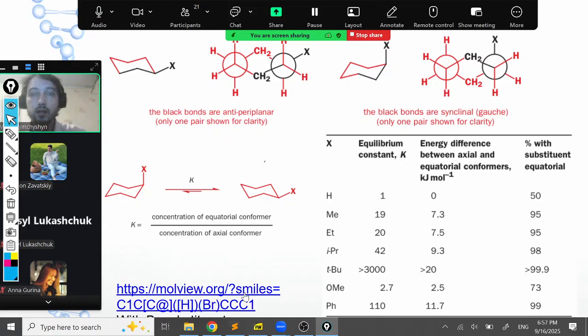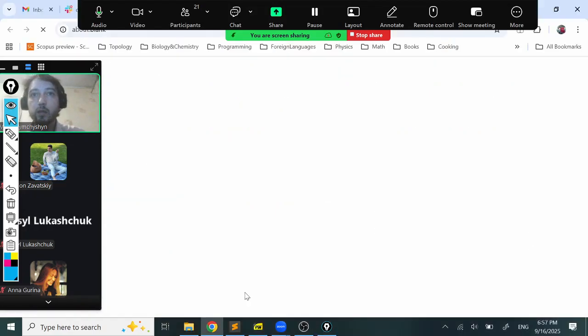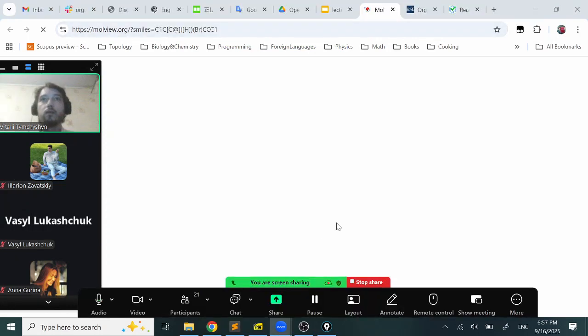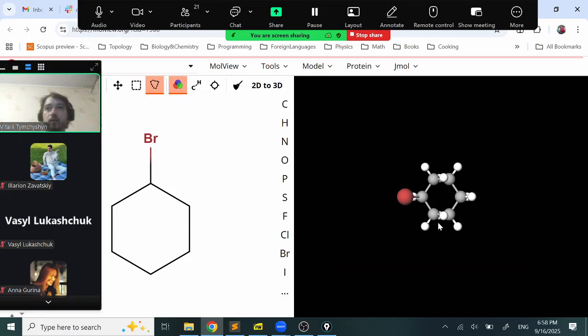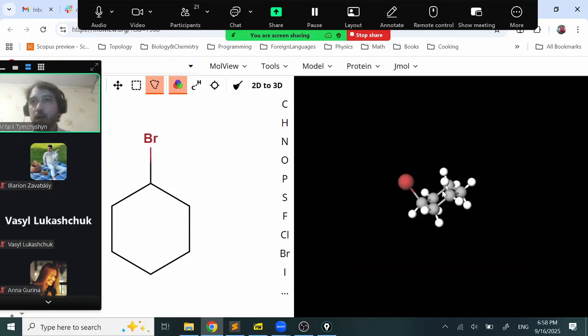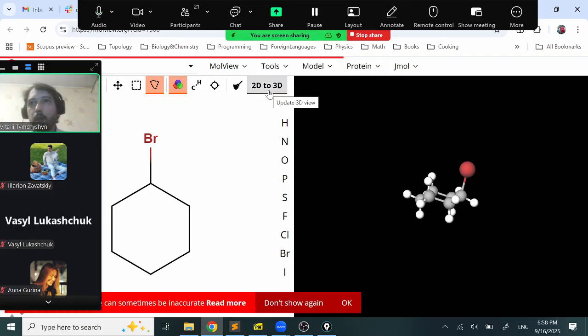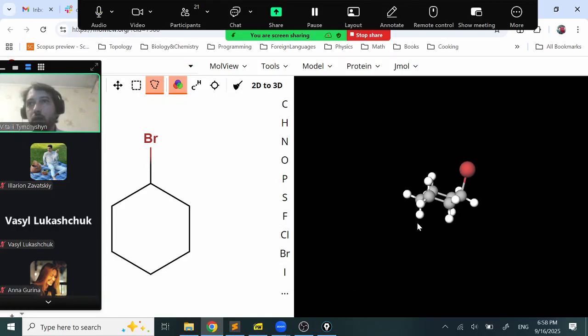I see I have some link here, but I can't read it. Why did I put it there? Okay, let's check what it is. This is, I guess, I have changed the atom to bromine, but I'm not sure that it calculated correctly.